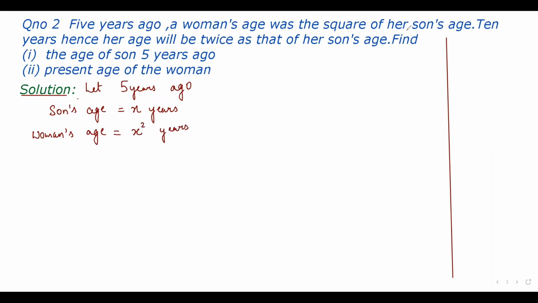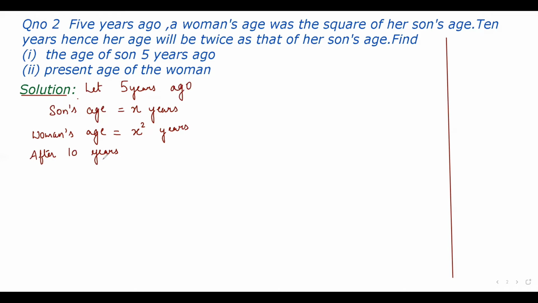Right? Now what is given? 10 years hence. Hence means 10 years later, so after 10 years her age will be. But this age is from 5 years ago, so first we have to find their present age.